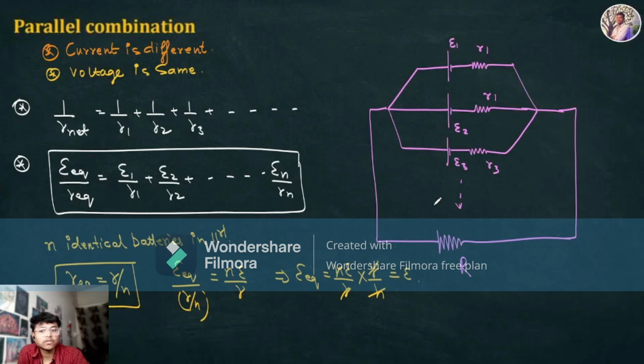In the parallel combination, it is just the opposite. I've written it clearly: it is divided by the sum of E1 upon R1 plus E2 upon R2 up to En upon Rn.